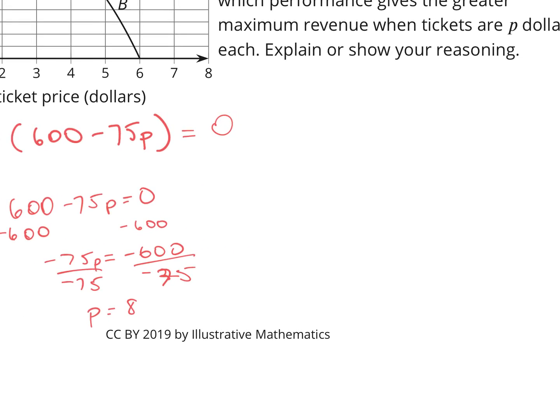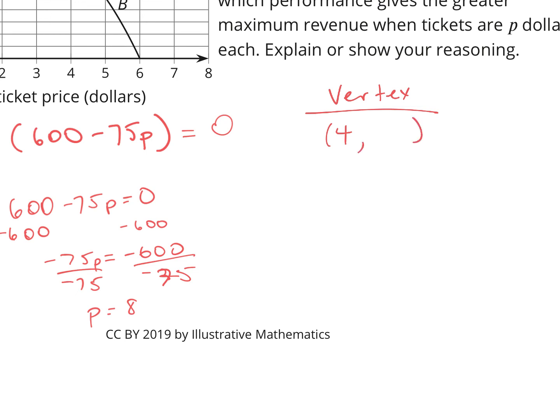Now, when we think about the vertex, we talked about in the past how the vertex is directly in the middle between the two x-intercepts. So if my x-intercepts go from 0 to 8, the very middle of that is going to be 4. So this tells me my x value for my vertex is going to be 4.